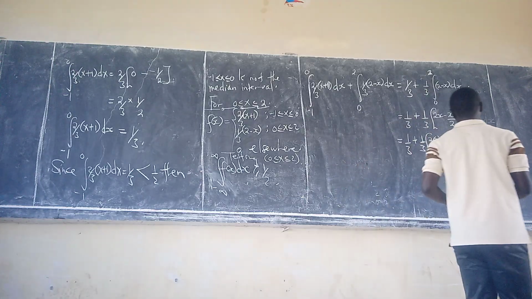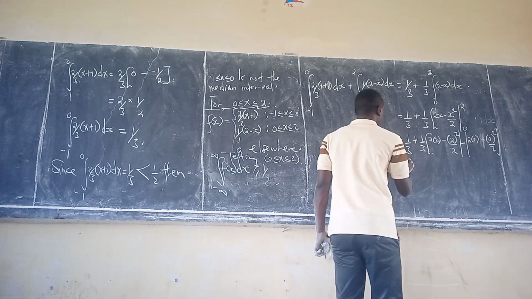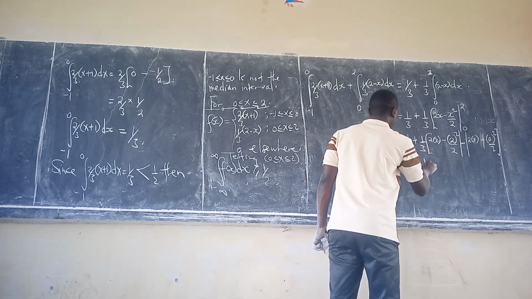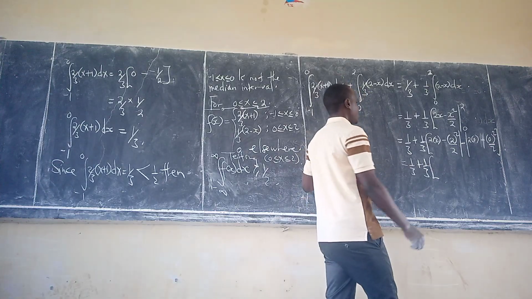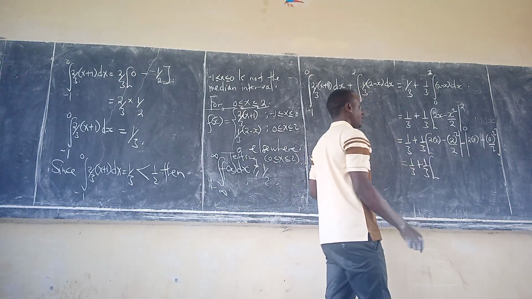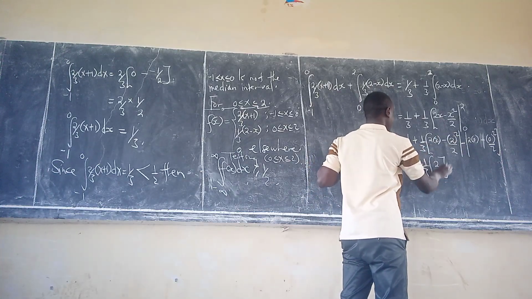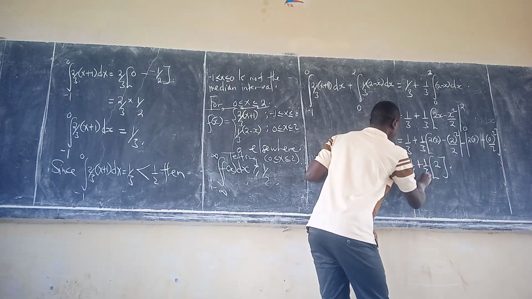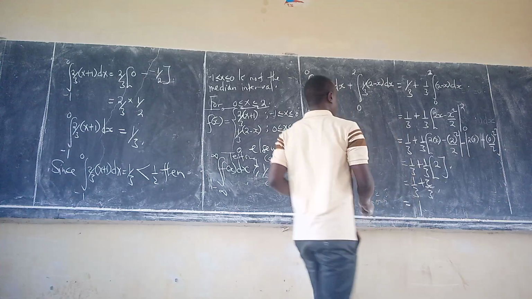Now minus, put in the lower limit: 2 into 0 minus 0 squared over 2. So this is the same as a third plus a third into 2 times 2, that is 4, then 4 over 2, that is 2. So 4 minus 2 is 2, and the other one is 0. So we shall have a third plus 2 thirds, and the answer is 1.